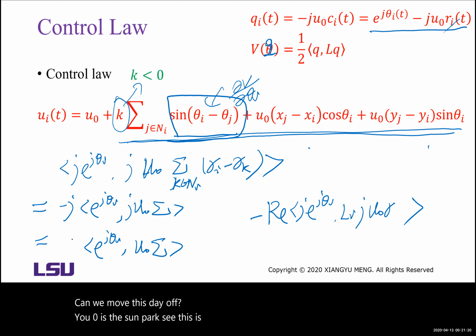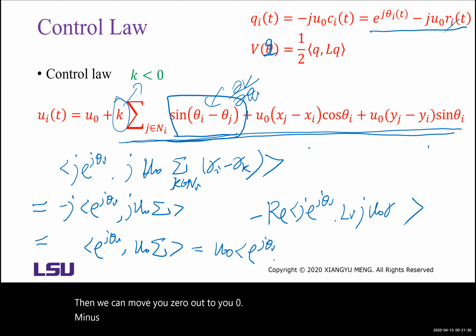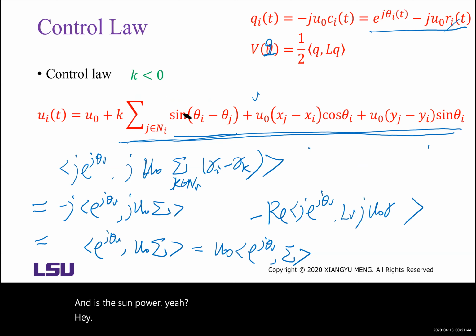Then we can move U0 out to be U0 minus e^{J theta I}, and this is the sum part.